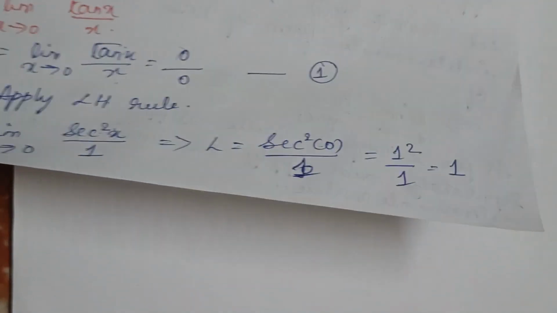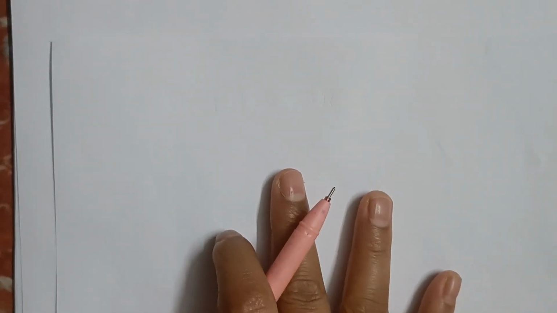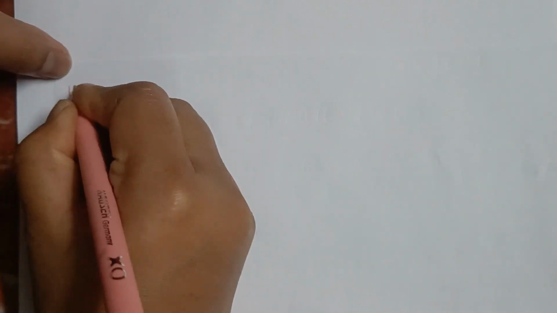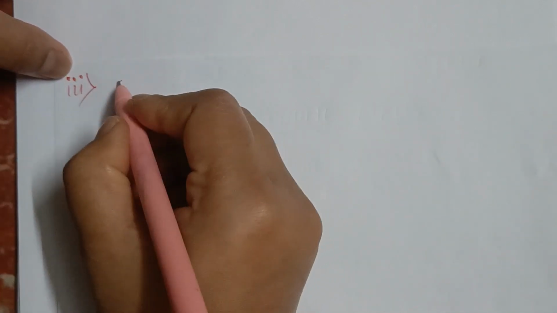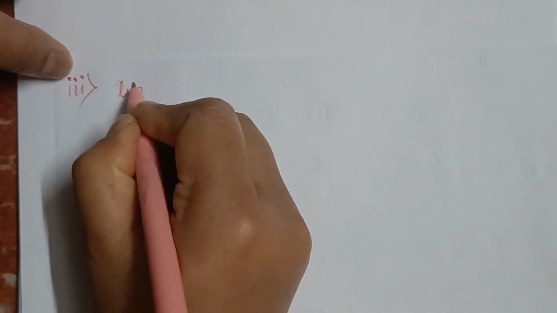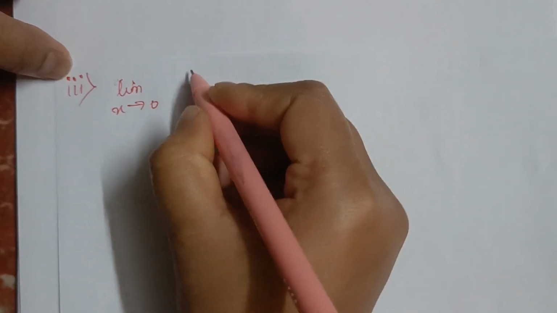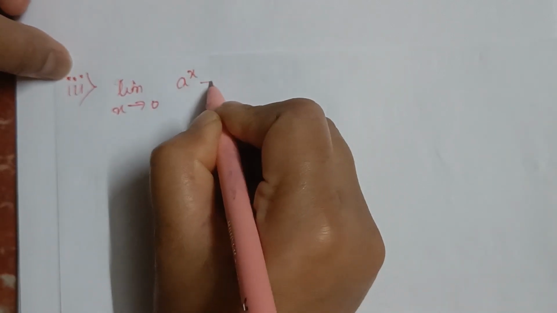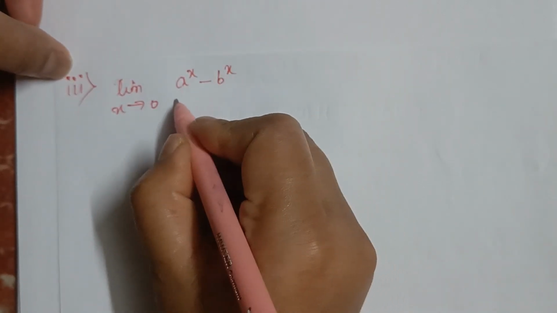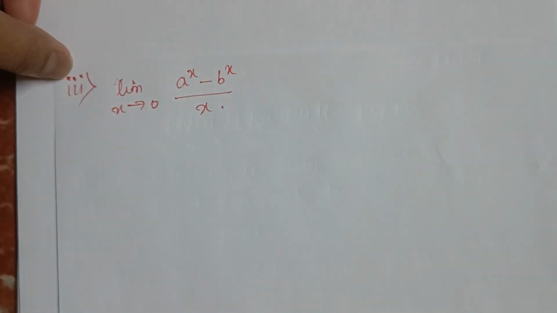Now the next example I have, I'll just write it down. Limit x tends to 0, a power x minus b power x divided by x.